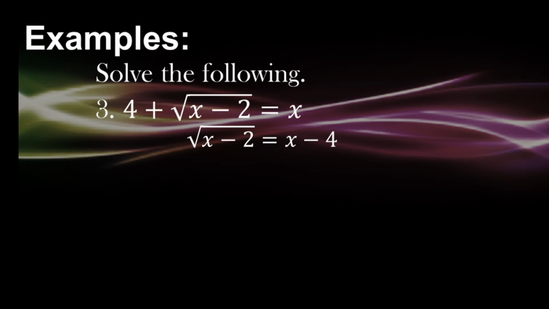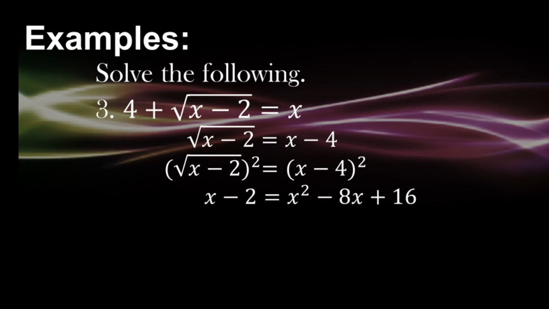So next, we need to raise both sides of the equation by 2. So therefore, we have quantity square root of x minus 2 squared is equal to quantity x minus 4 squared. So by applying the laws of radicals and laws of exponents, therefore, we have x minus 2 is equal to x squared minus 8x plus 16.